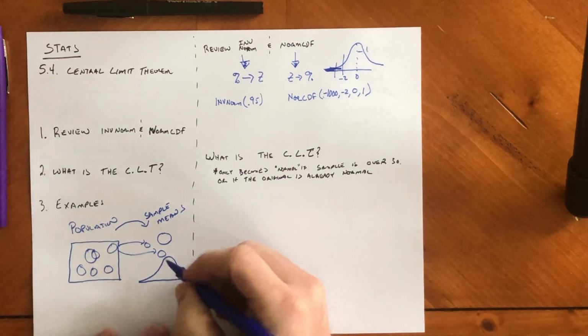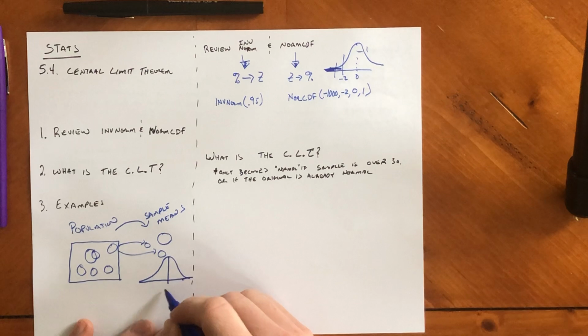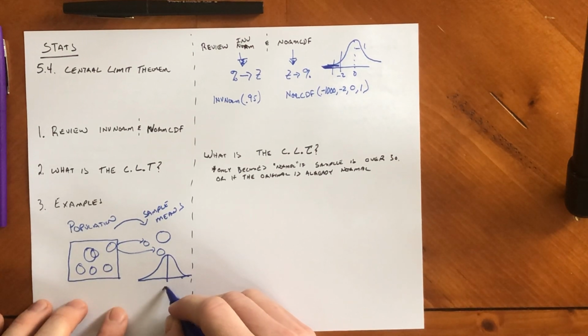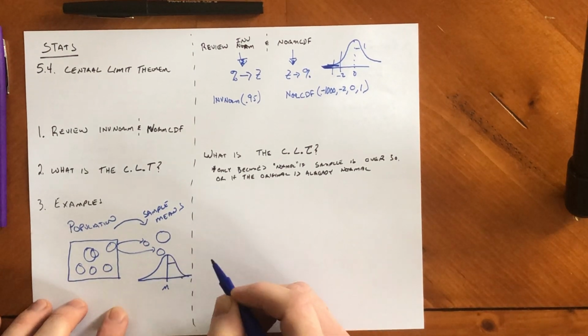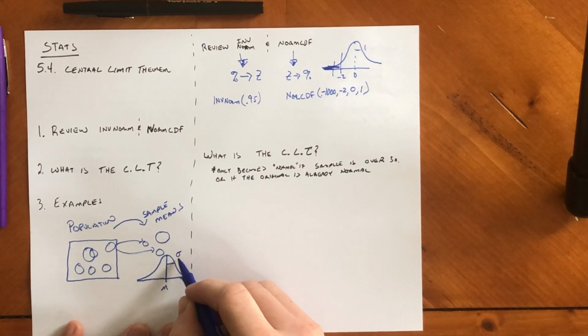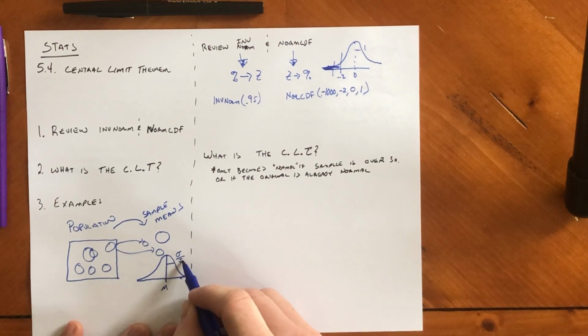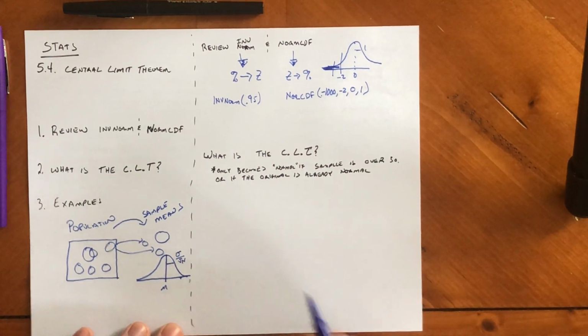When I take a sample of the means, the means will be normally distributed. The population mean will be the same as the sample mean. And the standard deviation will be the same, but we don't call it the standard deviation, we call it the standard error, and we divide by the square root of how many we took in the sample.